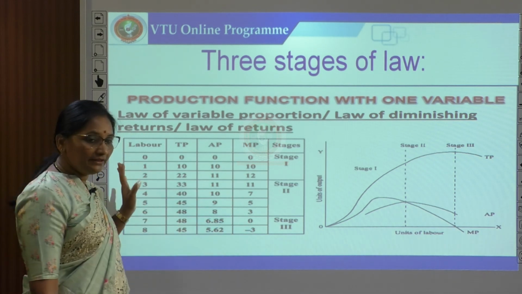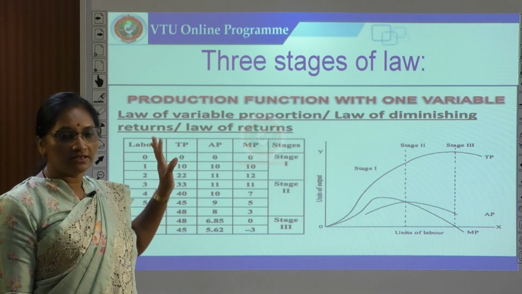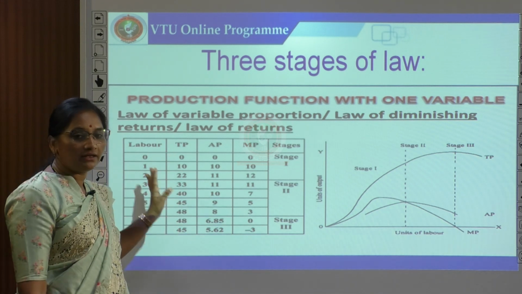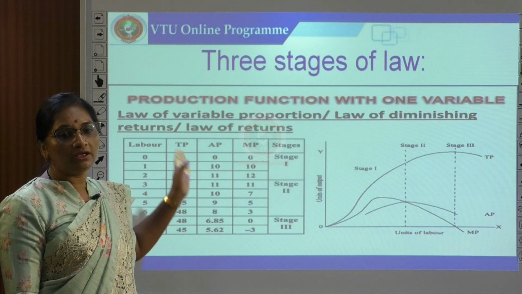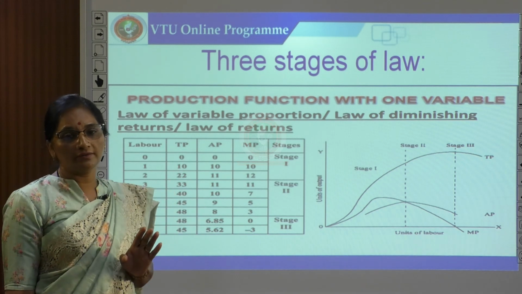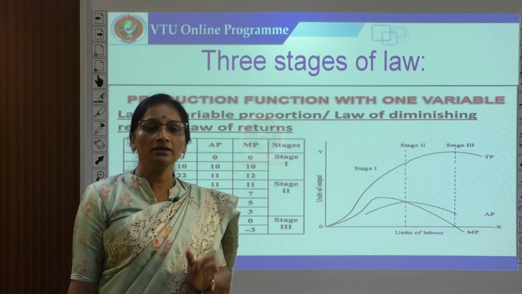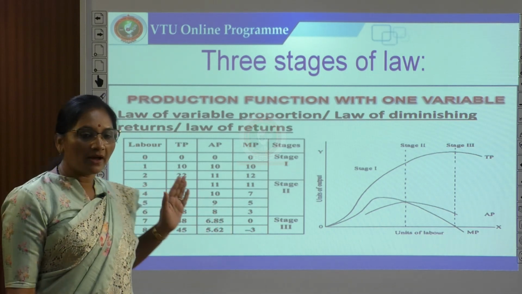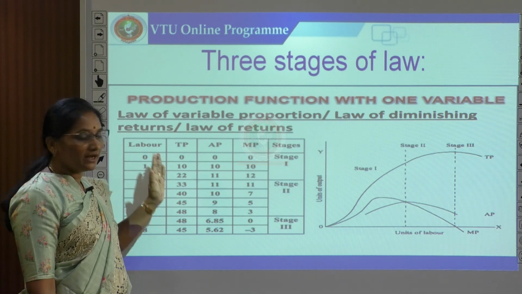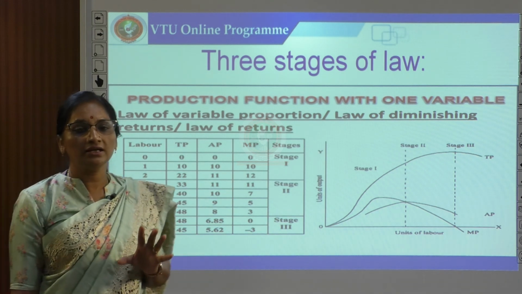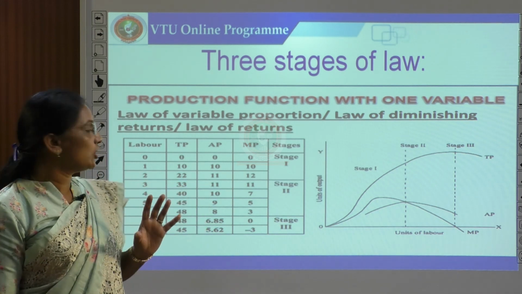This table is trying to explain the 3 stages of output in the short run production function. In the short run, we keep one factor constant and the other factor is variable. In that situation, we can see 3 different stages of output.